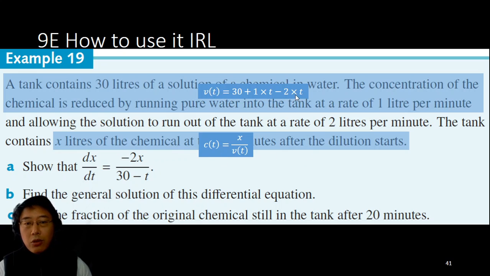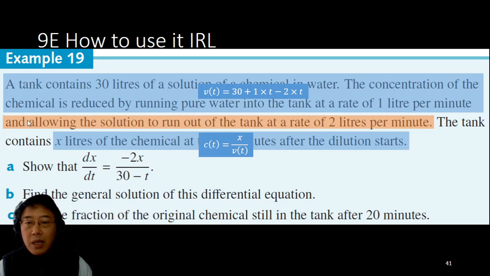Knowing the expression of the total volume, the concentration of chemicals, which is going to be a percentage, it's going to be the ratio of the x liters of chemicals divided by the volume at that given time. Okay, now, so that's going to be useful.